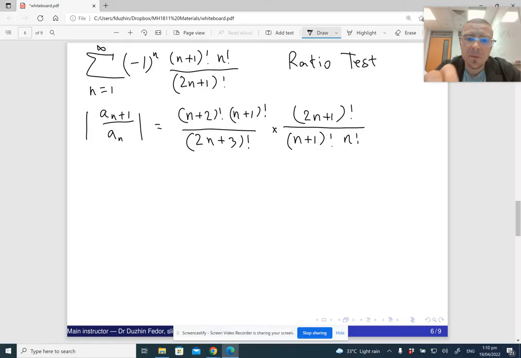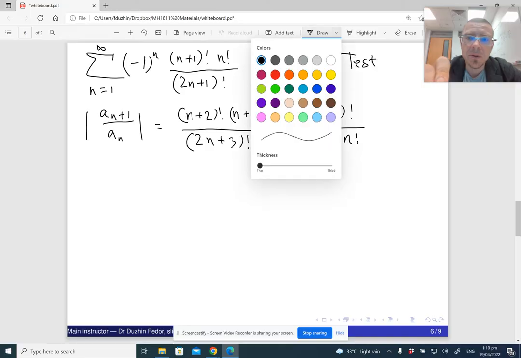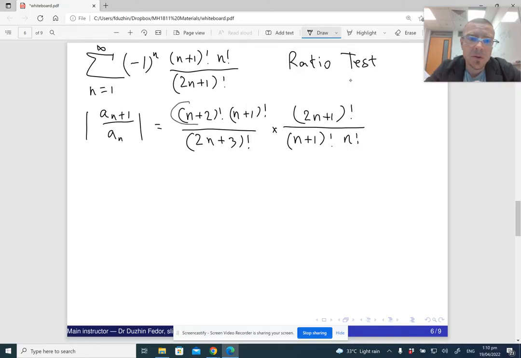Okay, so let me group together similar terms. I'm going to group together this n plus 2 factorial and n plus 1 factorial. Let me just do one of them, the other two are similar. So n plus 2 factorial is the product of numbers from 1 all the way until n plus 2.